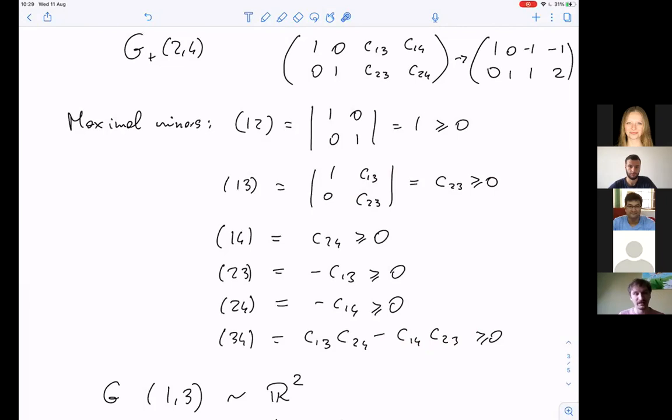And this is true for any k and n. One can easily show that the positive Grassmannian k,n is non-empty. Okay. Good. So the positive Grassmannian is some bounded region inside of G k,n, and it has a very well-defined boundary structure. Sorry, you probably mean 2, 1.